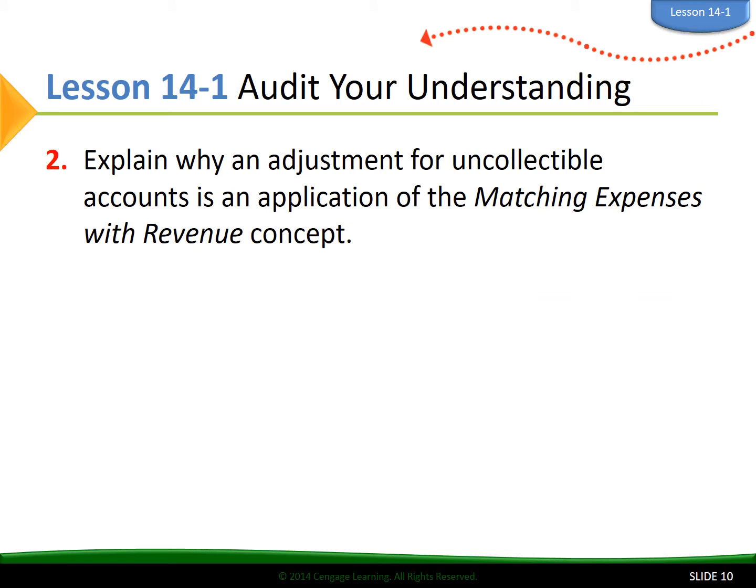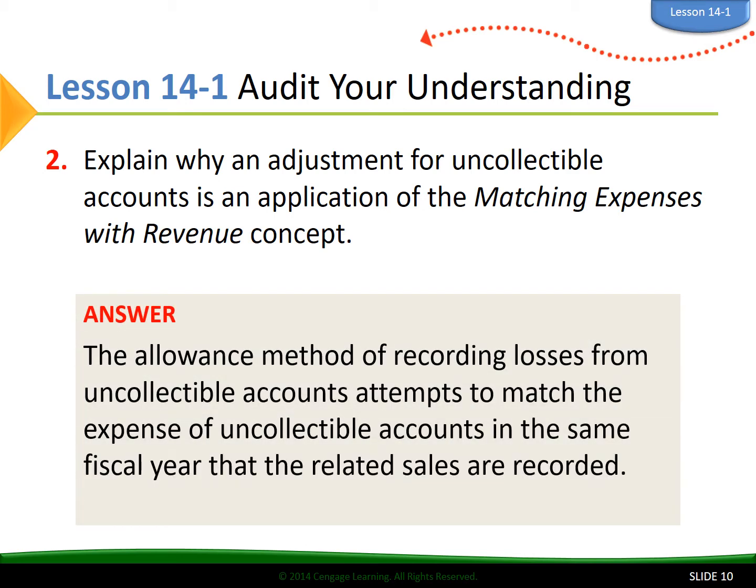Explain why an adjustment for uncollectible accounts is an application of the matching expenses with revenue concept. The allowance method of recording losses from uncollectible accounts attempts to match the expense of uncollectible accounts in the same fiscal year that the related sales are recorded.